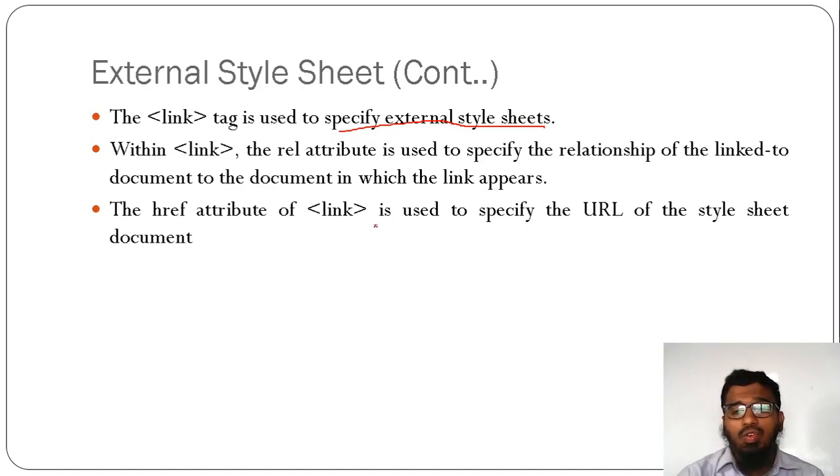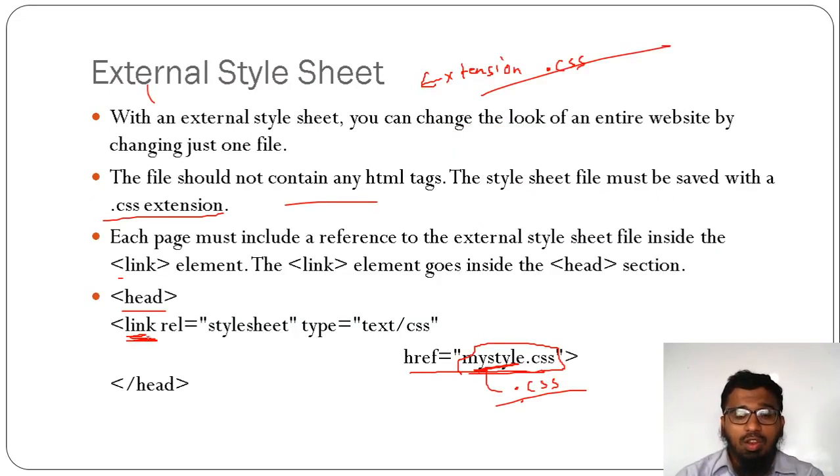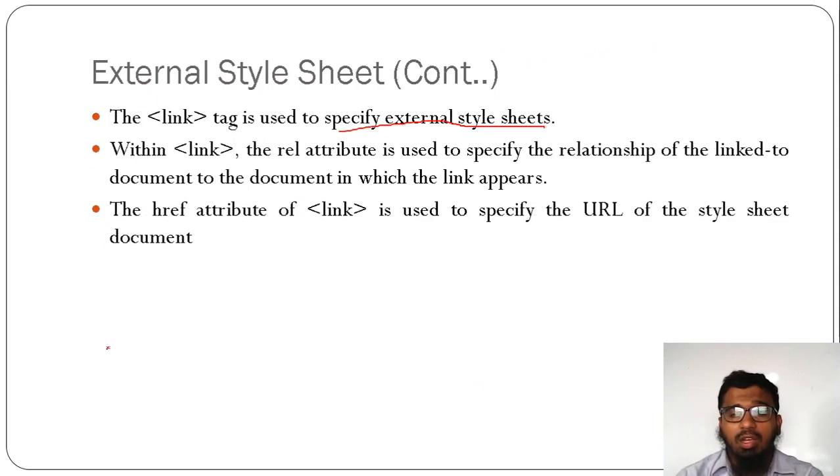The href attribute of link is used to specify the URL of the style sheet document. So whatever we are using here, rel and href and link, this is all about three things: the link tag, the relation attribute, then the href attribute. So this is about the external.